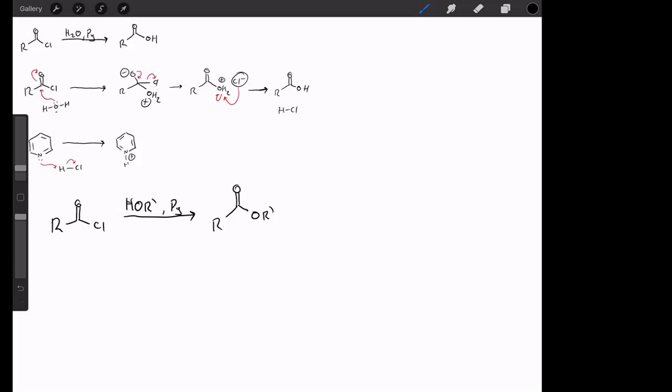Now then, just be advised, I can show this from the perspective of the alcohol. So I can show you an alcohol reacting with a carboxylic acid to form an ester.